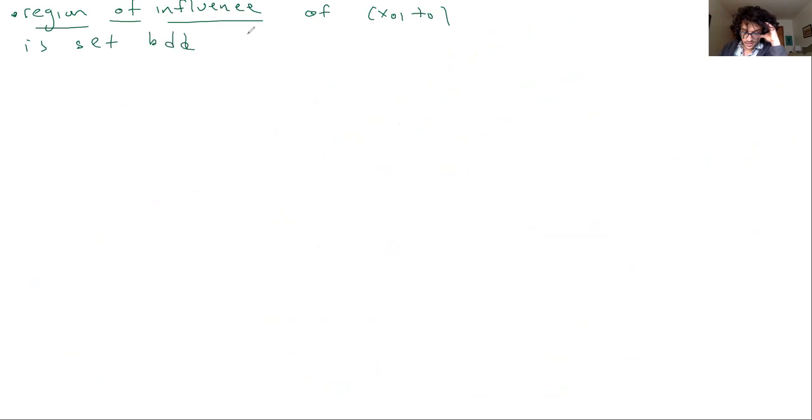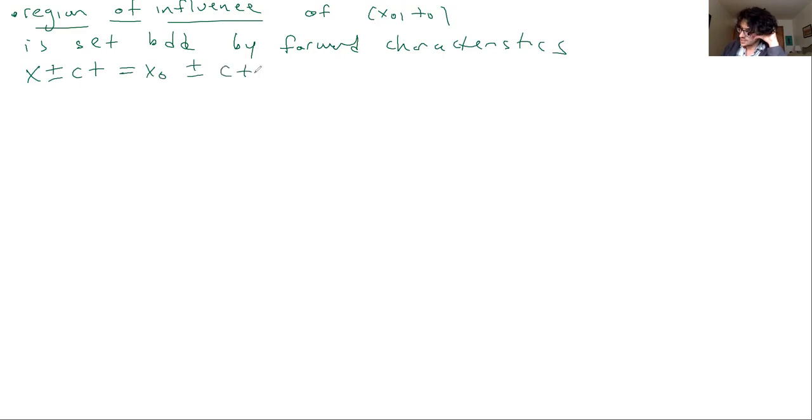the region of influence. And this is sort of the flip of the domain of dependence. This says, well, let's take x0, t0. The region of influence is the set bounded by the forward characteristics, x plus ct is equal to x0 plus or minus c t0, for, in particular, t greater than or equal to t0.